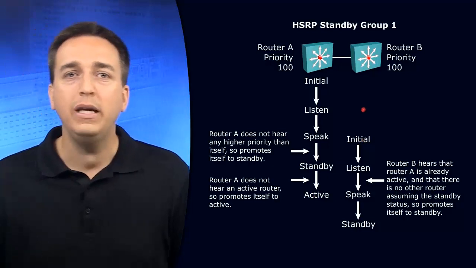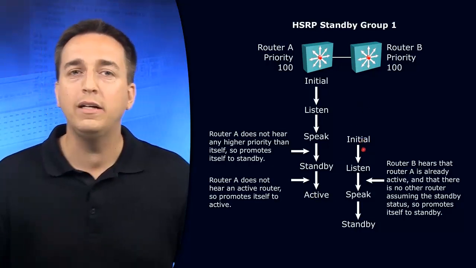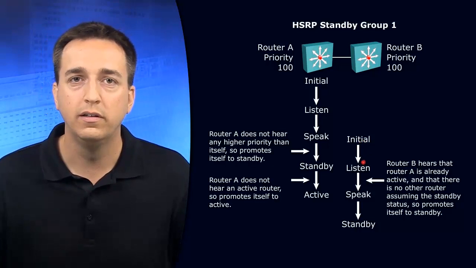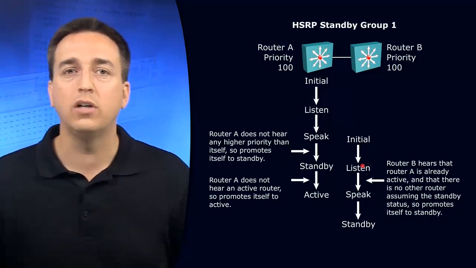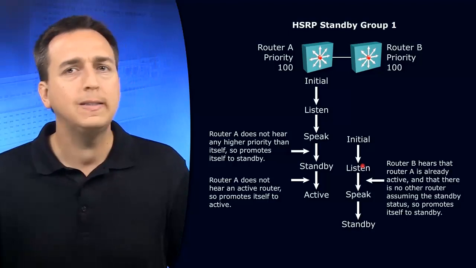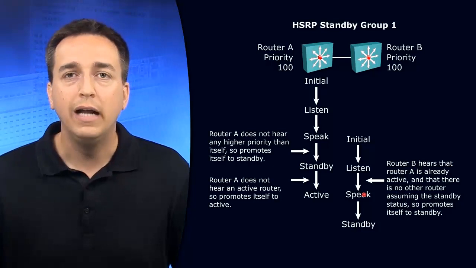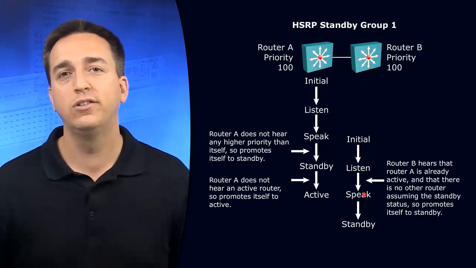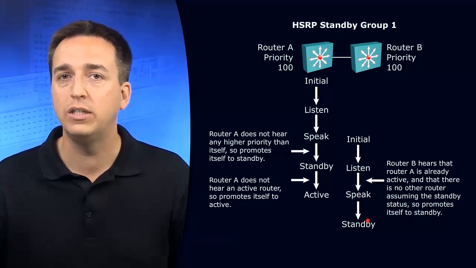And when Router B was initialized, as we can see here, there was already a device that was active. So it's listening, it hears that there's already an active device, but doesn't hear a standby device. So then it starts speaking itself and sending out hellos to determine if it can become the standby router, which it does.